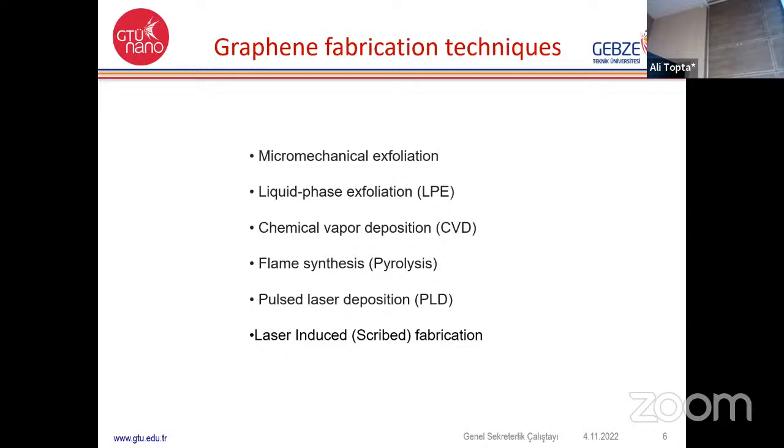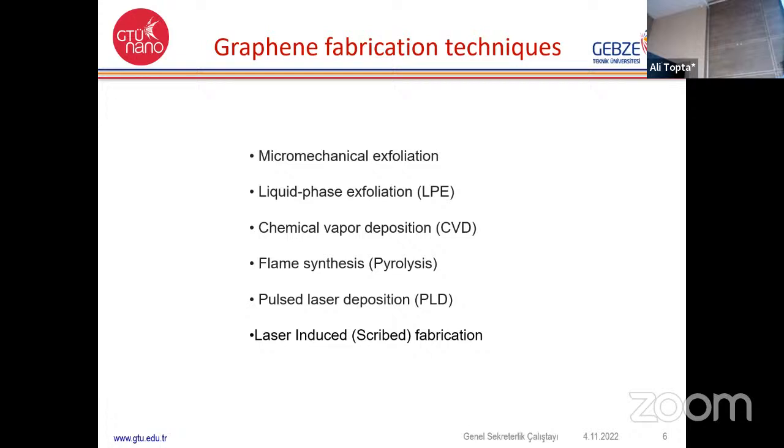If you look at the main fabrication techniques, the first is micromechanical exfoliation, which is simply mechanically grinding graphite into smaller pieces. The second one is liquid phase exfoliation that involves either chemical or electrochemical processes to break down graphite into single layer graphenes.